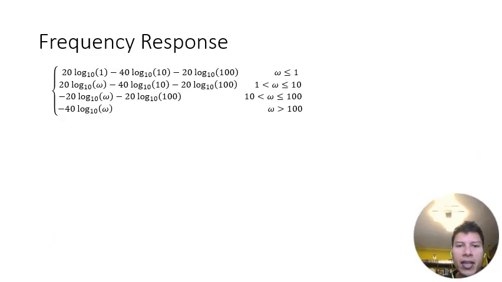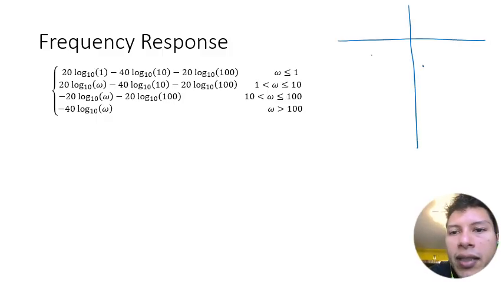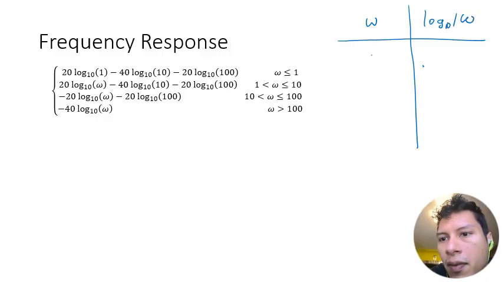So let's look at our plot of our frequency response. Just to make this easier, I'm going to write down omega here and then the log base 10 of omega.